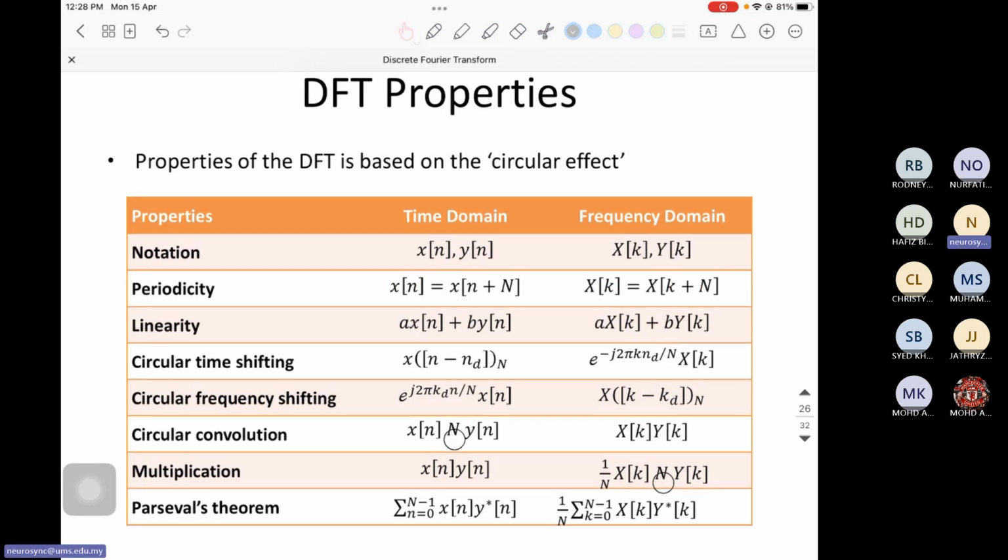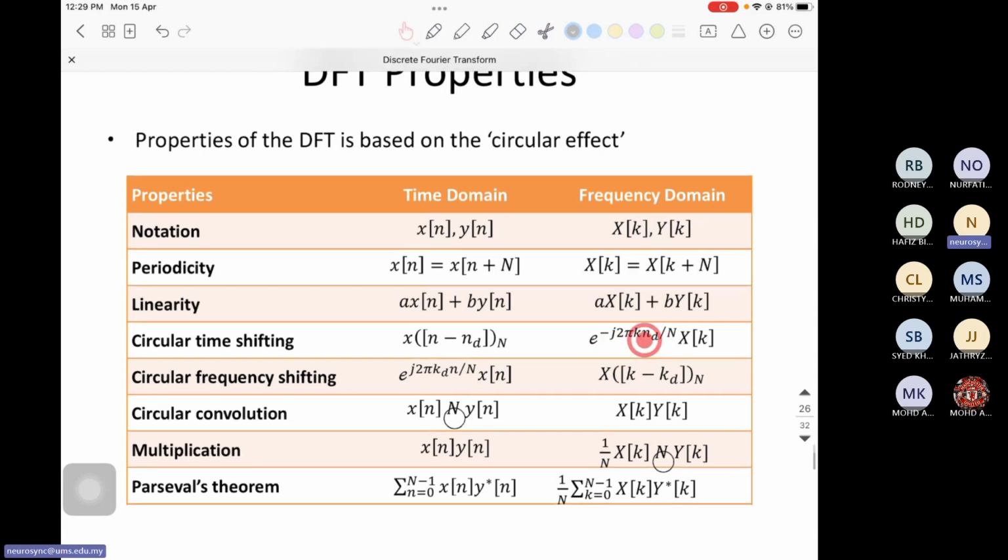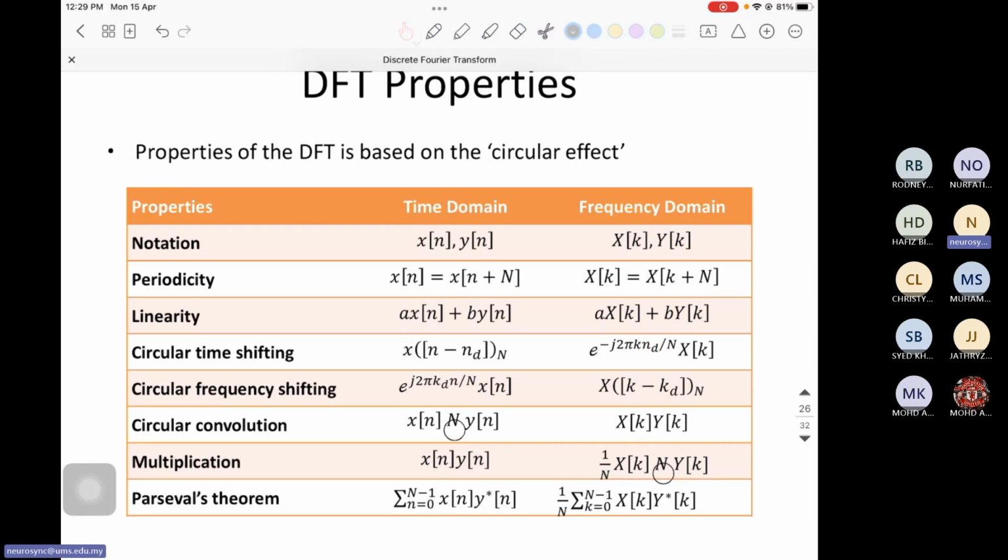Circular time shifting. If there is a time shift of nd, then in the frequency domain you will get X of k multiplied by this factor, e to the power minus j 2 pi k nd by N. Whatever time shift is there, you need to multiply by this.